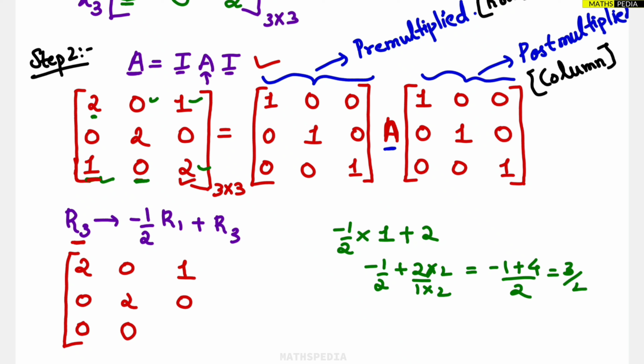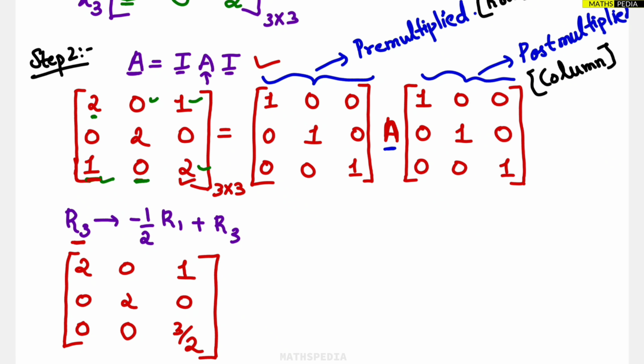So here it will become 3 by 2. Okay, if you want, you can skip this calculation part in the video. I am doing all the parts so that you can understand in one video itself. Next thing, as I said, equal to, you are going to put this particular matrix based on the row transformation.